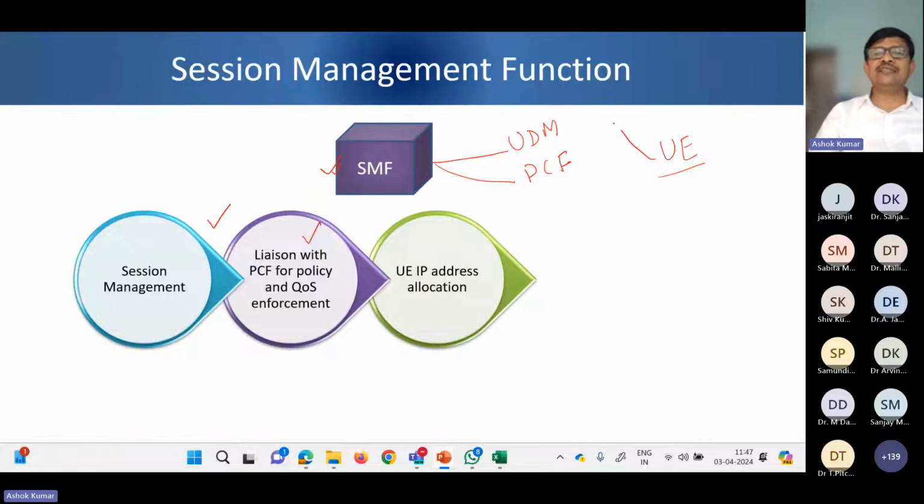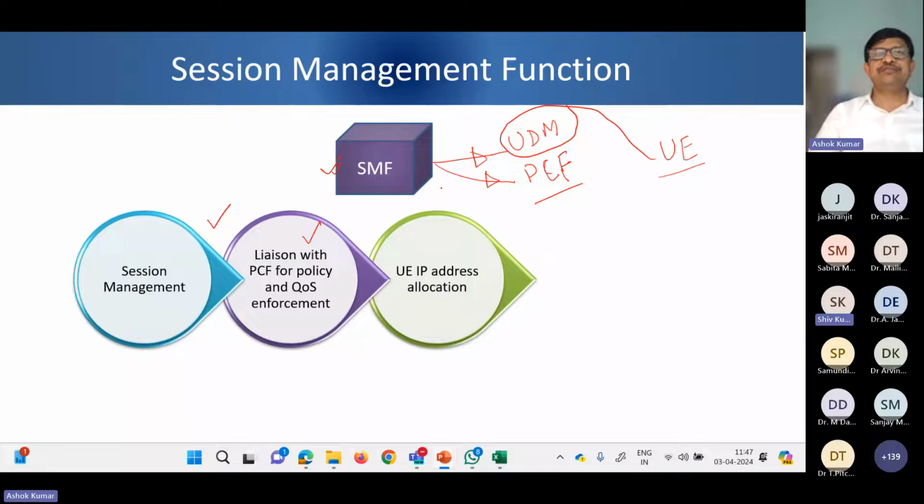That data is with unified data management. And the policies related to policy control are decided by PCF. So SMF has to consult UDM and PCF before it creates a PDU session and adds quality of service.